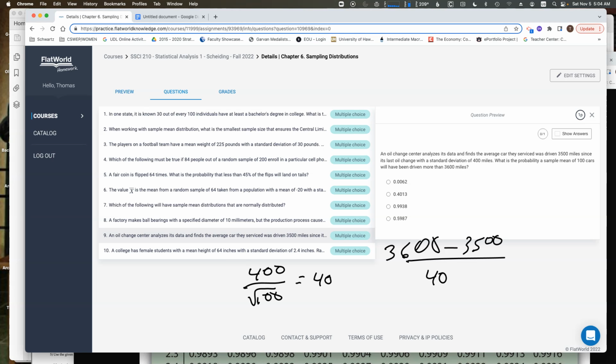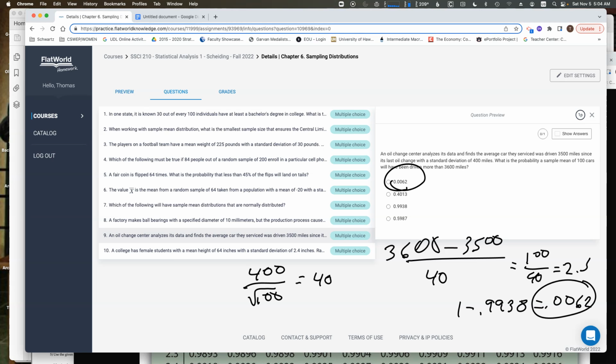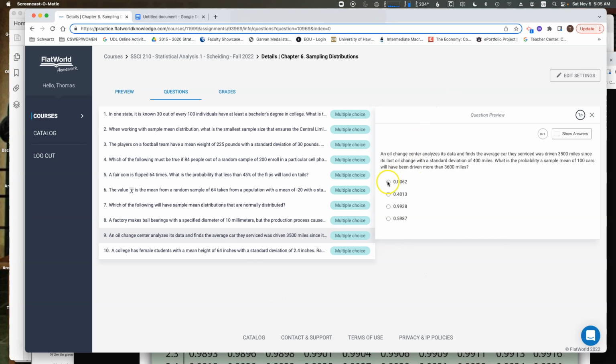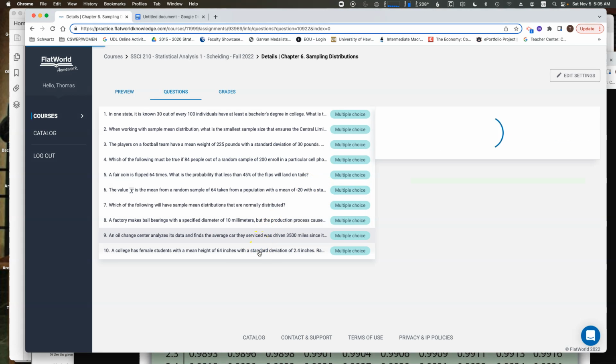Let's put 40 here. So we'll have 100 over 40, which is equal to 2.5. On the cumulative distribution, that leaves me with 1 minus 0.9938, which is equal to 0.0062. Hopefully that's correct. It is.